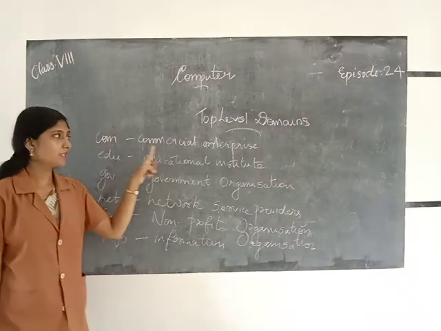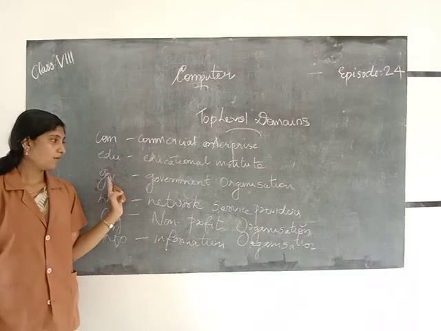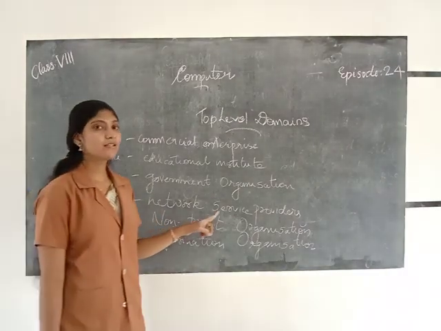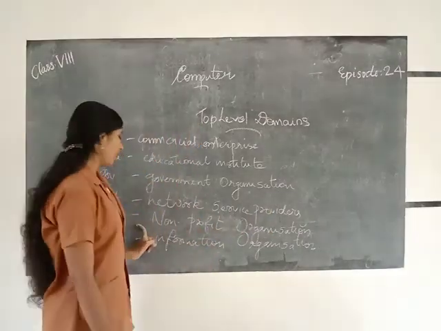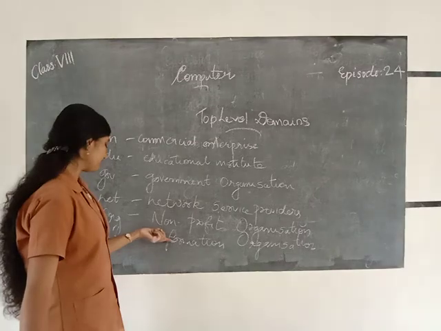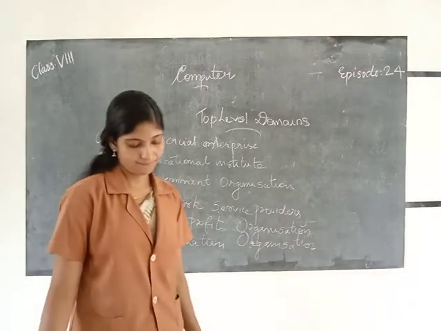Com for commercial enterprise, edu for educational institutes, gov for government organization, net for network service providers, org for non-profit organization, and info for information organization.